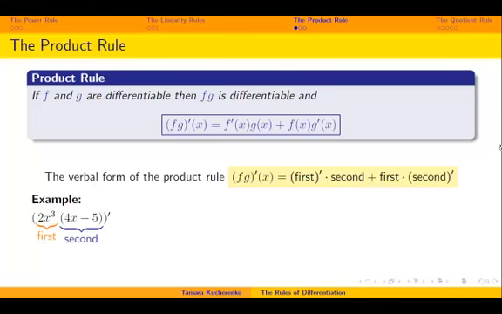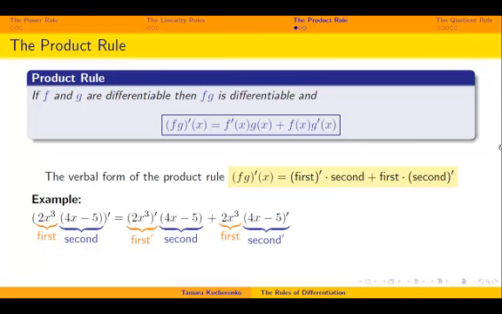The first factor here is 2x cubed. The second is 4x minus 5. We apply the product rule. The derivative is first prime times second plus first times second prime.